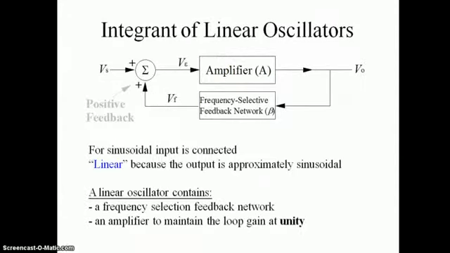The basic concept behind oscillation is the feedback path. The oscillator always needs a positive feedback. A linear oscillator contains two conditions: a frequency selective feedback network, and an amplifier to maintain the loop gain at unity level.